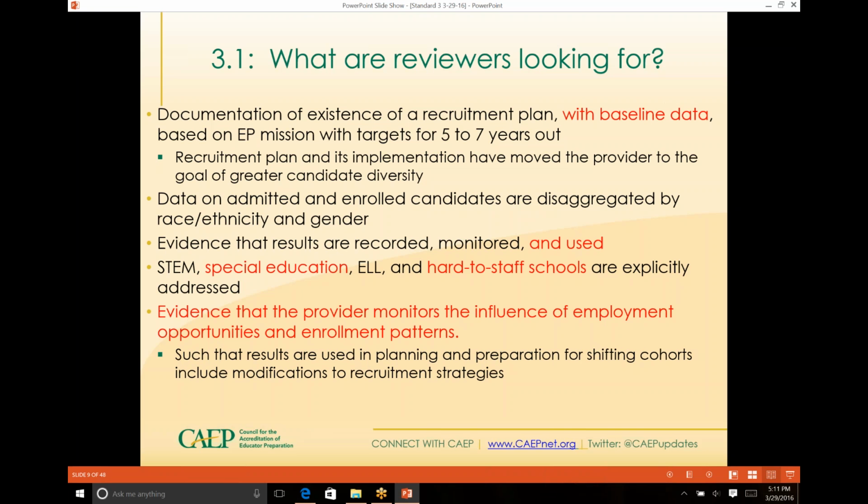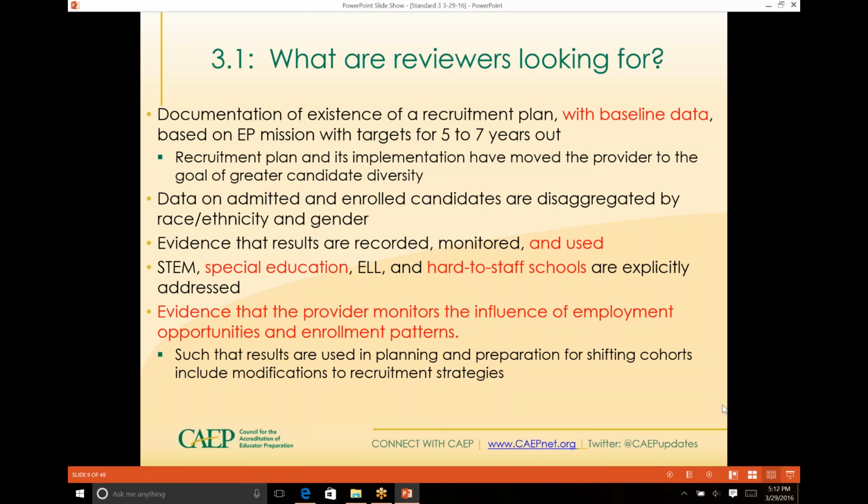But as you'll see in a moment, sufficiency criteria look for about 5 years out in a recruitment plan, and that you've got baseline data that you're saying, okay, here's where we are today with these kinds of candidates in these kinds of programs. Here's what we're going to be recruiting for, and here are our goals to increase the number of admitted candidates from culturally or linguistically diverse backgrounds by 25%, whatever that plan contains.